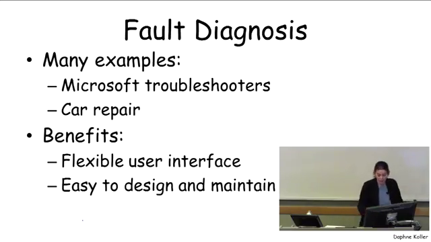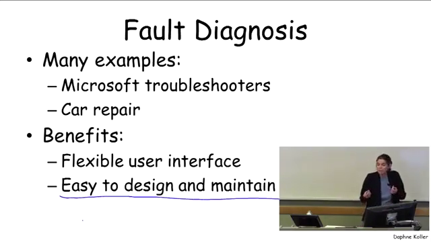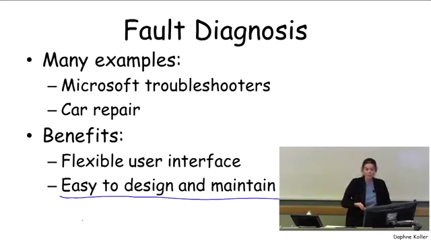And for the designer, this type of system is really easy to design and maintain. If, for example, something changes a little bit in your printer structure, and you were designing a standard menu-based system, you would have to rebuild the entire tree that decides what is the first question to ask, what is the second question to ask, and what is the most likely diagnosis.